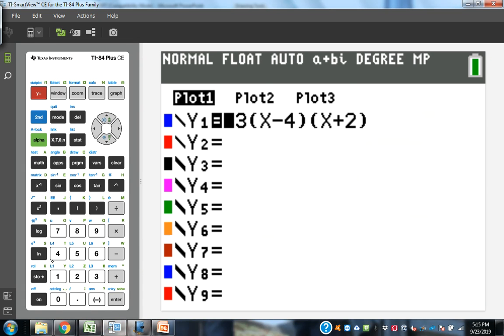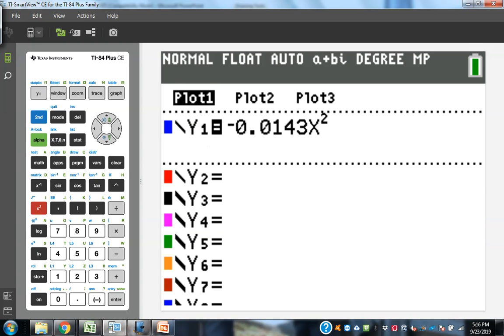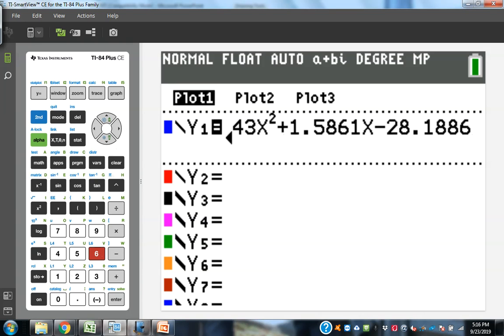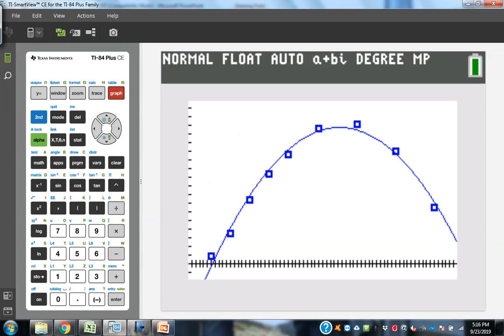If I go to y equals and type in that function, negative 0.0143 x squared plus 1.5861x minus 28.1886, and I hit graph, see that line going through those points.